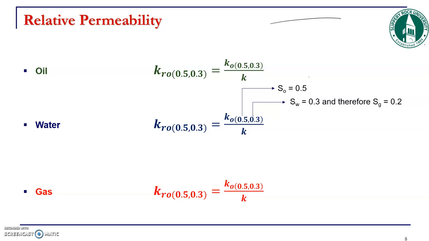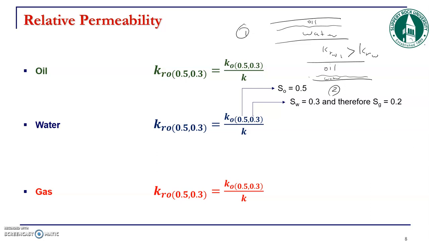Considering two pores, pore number 1 and pore number 2, in pore number 1 you have this much water and this much oil, and in pore number 2 you have this much water and the rest is oil. Experiments have shown that the water relative permeability in pore number 1 is higher than in pore number 2. So relative permeability is a function of saturation.